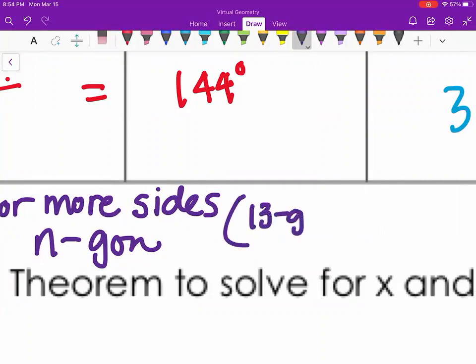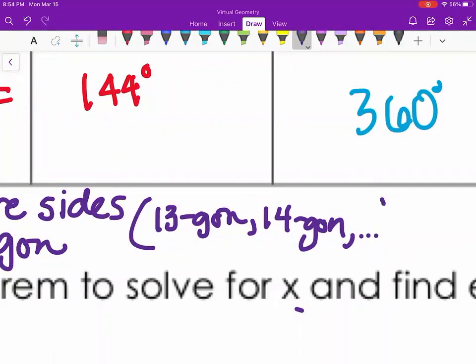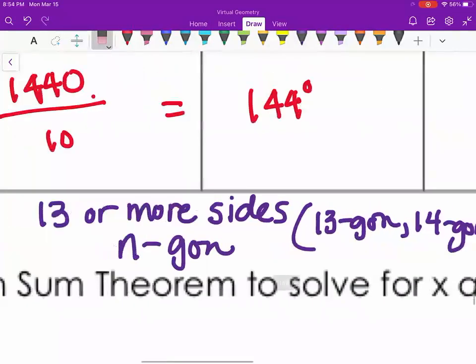It just depends on how many sides it has.